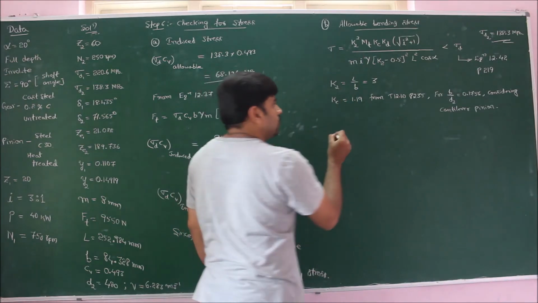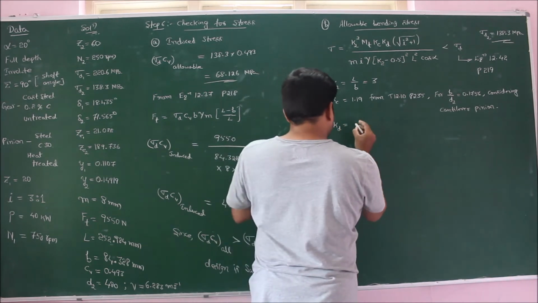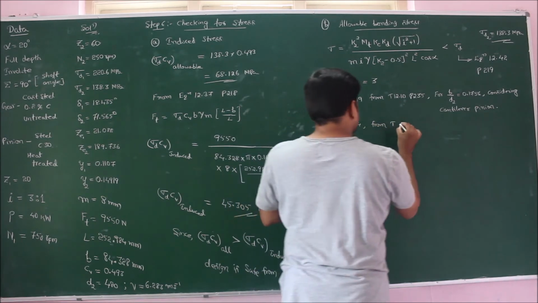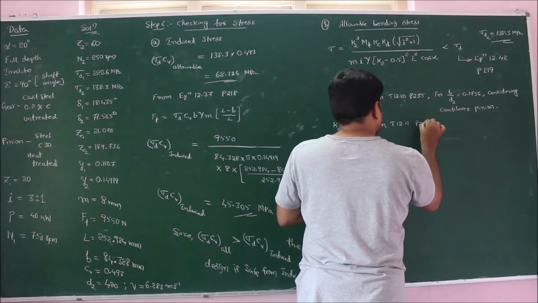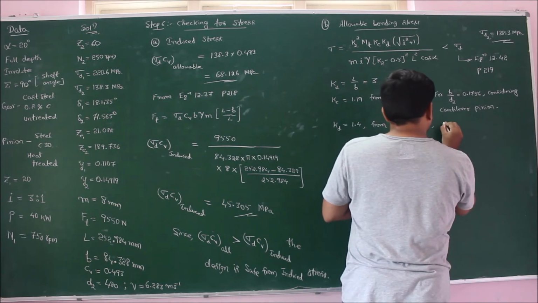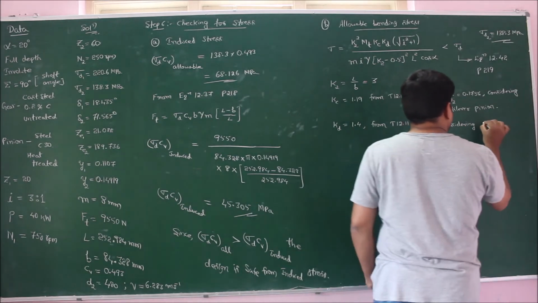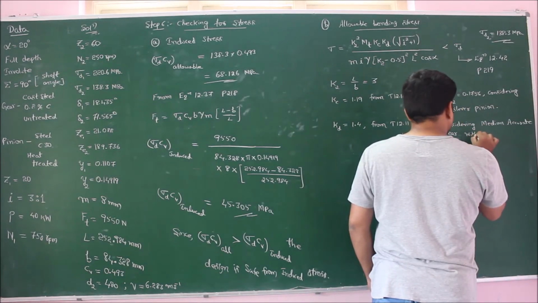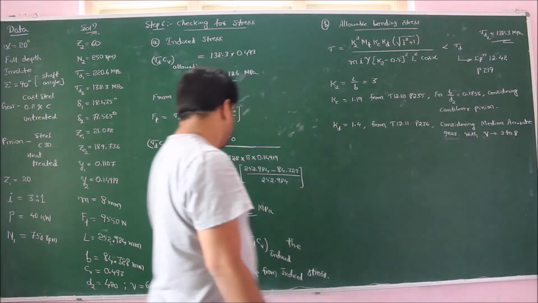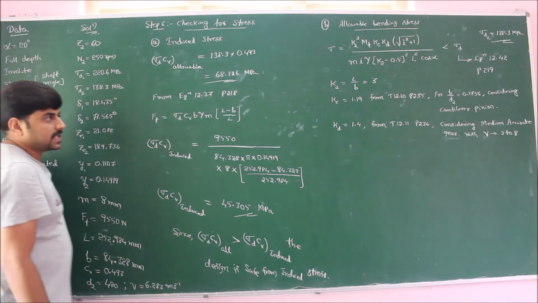Coming for the value of Kd, the value of Kd is 1.4. This is from table 12.11, page number 236. Considering medium accurate gears with peripheral velocity V 3 to 8, because the peripheral velocity for us is 6.283 meters per second.